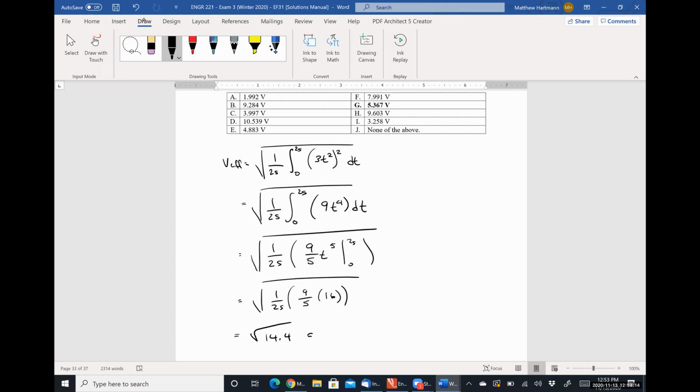It's 32, thank you. I did it wrong on my fingers. Square root of 28.8, here we go, which is 5.367 volts RMS. That's my fault for not putting volts RMS as the unit on all that. Next question.